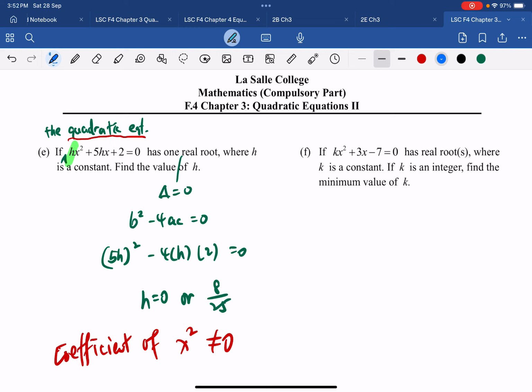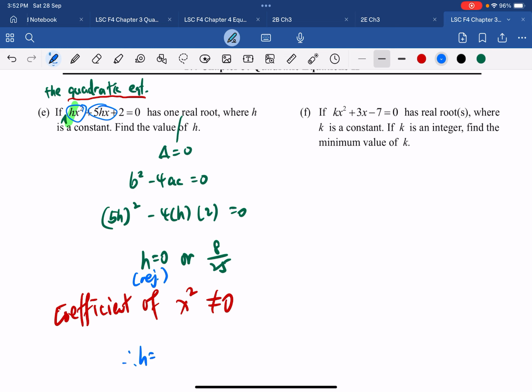Because if h equals 0, then this term goes to 0 and this term goes to 0 as well. All you are left with is 2 equals 0, which is impossible. So reject h equals 0. So h is 8 over 25. Got it?